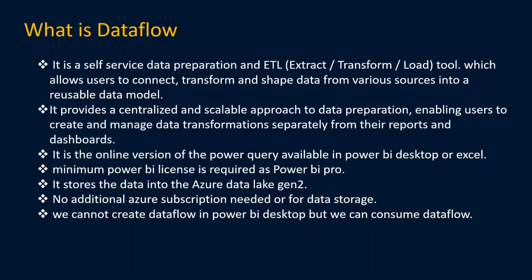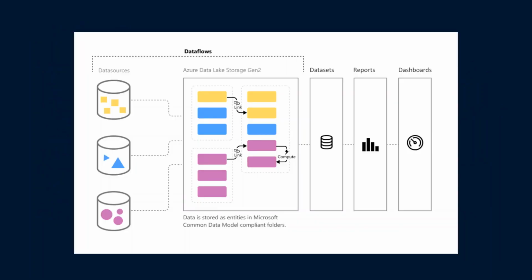Let's go ahead and try to understand the data flow from a diagram as well. So this is a very simple diagram that we have in this PPT, right? As you can see here in the left pane, we have the different sources available, and we are getting data from these different sources, and the data is getting stored into the Azure Data Lake Storage Gen 2.